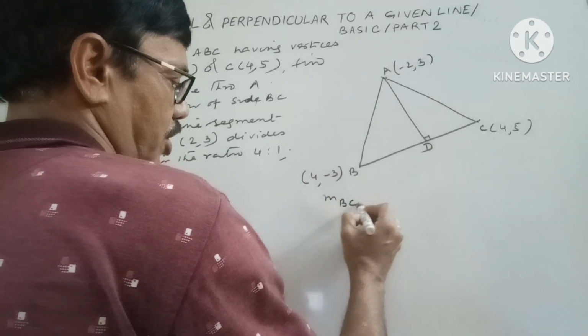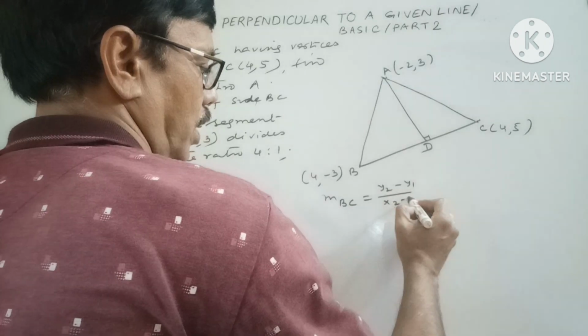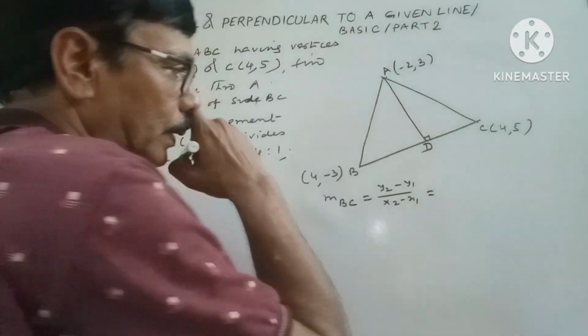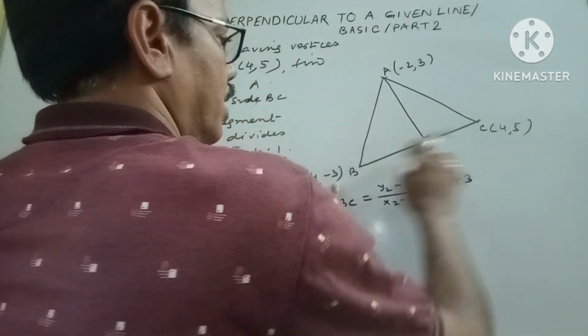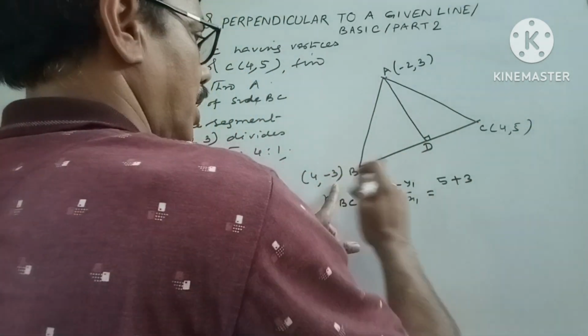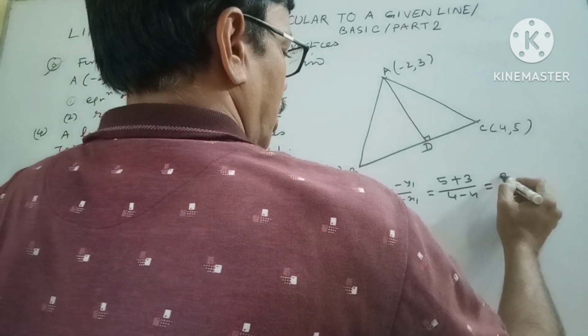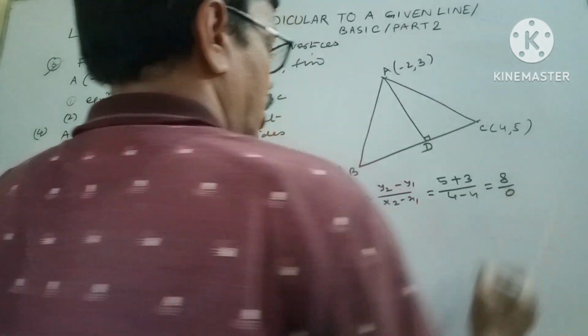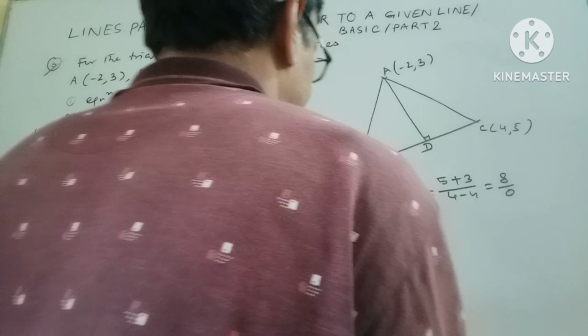So what is MBC? (y2 - y1) by (x2 - x1). So 5 plus 3, with (x1, y1) and (x2, y2), 5 plus 3 over 4 minus 4. So 8 by 0. So undefined.